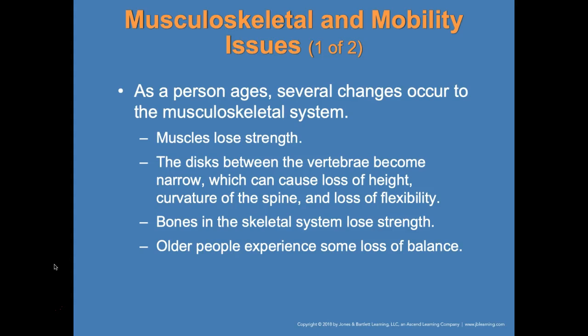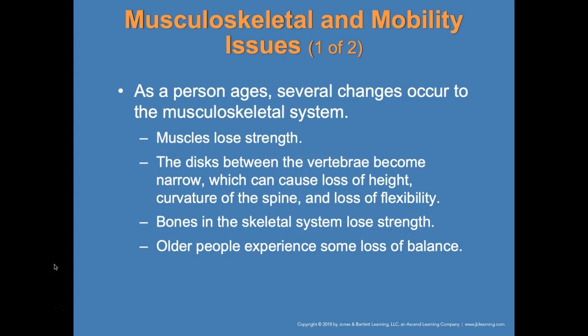So as a person ages, several changes occur in the musculoskeletal system. We know that muscles lose strength. Those discs between the vertebrae become narrow, which causes loss of height, possible curvature of the spine, loss of flexibility. Bones in the skeletal system start to lose strength, and this all contributes to these older people experiencing some loss of balance.